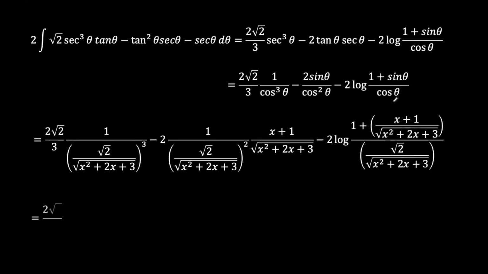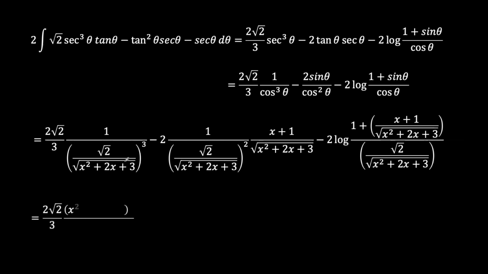So for cosine theta, we do have root 2 over the square root of x squared plus 2x plus 3, and then we cube that denominator, and then 2 times 1 over cosine squared theta, that is 1 over root 2 over square root of x squared plus 2x plus 3 squared, times sine theta, which is x plus 1 over square root of x squared plus 2x plus 3, minus 2 log 1 plus sine theta, which is x plus 1 over square root of x squared plus 2x plus 3, and then cosine is root 2 over the square root of x squared plus 2x plus 3.